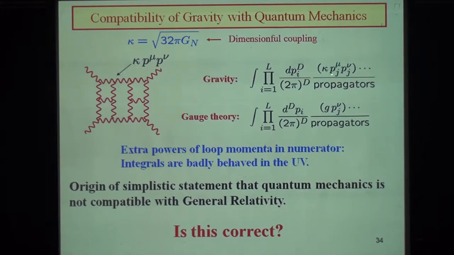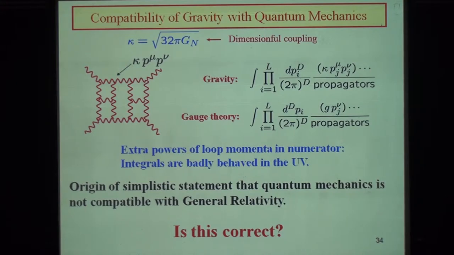So there have to be extra powers of momenta. It also has to do with the fact that gravitons are spin two. But anyway, let's just focus on the dimensional analysis. If I put more powers of momentum in my Feynman integral, so there's more in the numerator, then obviously this gravity integral has worse behavior compared to the gauge theory integral. That's kind of trivial. So this is poorly behaved compared to that.